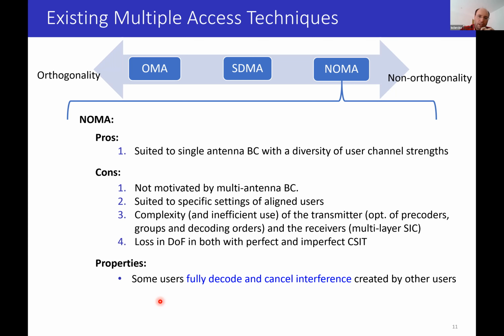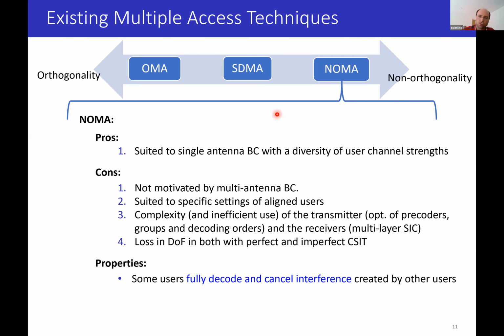It leads to very high complexity at the transmitters and the receiver with multiple layers of SIC, and it leads to an inefficient use of the multi-antenna that leads to loss in degrees of freedom and therefore rates in both perfect and imperfect CSIT. Key property here again is to fully decode and cancel interference created by other users, right?